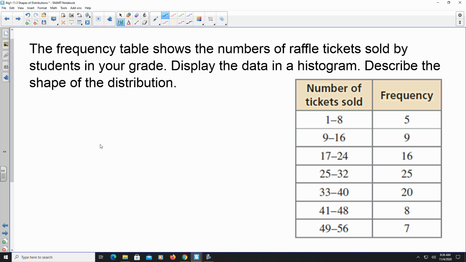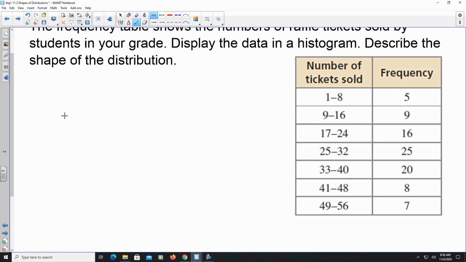I'll try to make it neat, and you can too. You can take a straight edge and make a graph here, and try to even out the values.